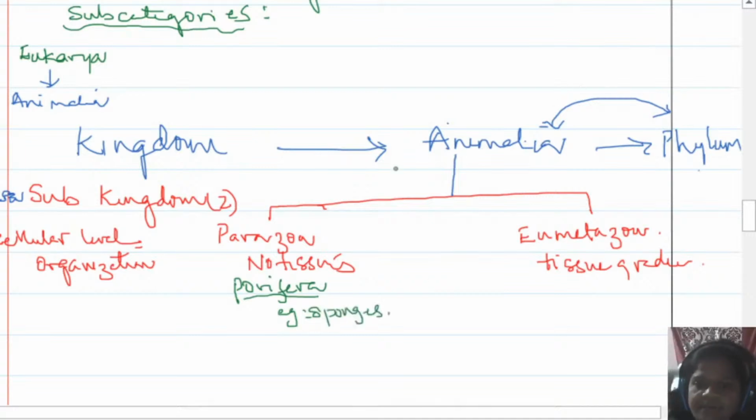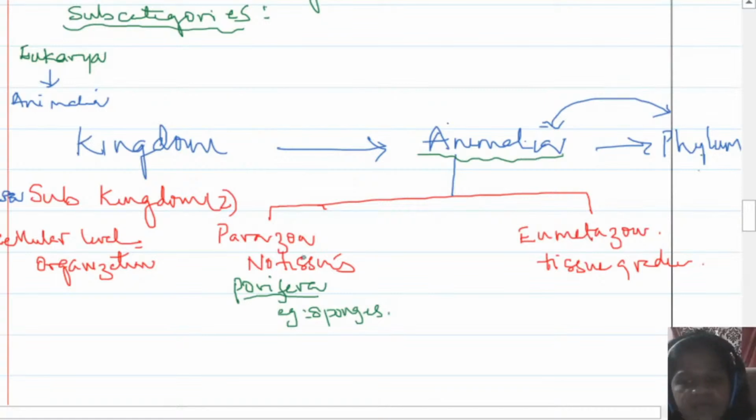So in kingdom Animalia, we are going to go from kingdom to phylum with the subcategories. The first subcategory is the subkingdom, and in Parazoa it is a cellular level of organization because the tissues haven't formed yet. So there are Parazoa and Eumetazoa. In Eumetazoa, we see the tissues.